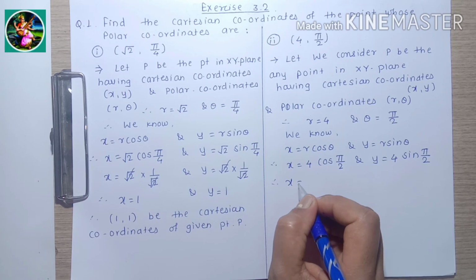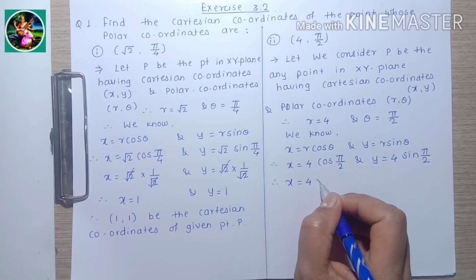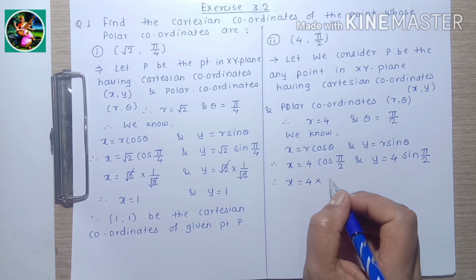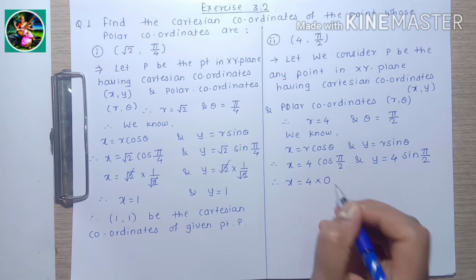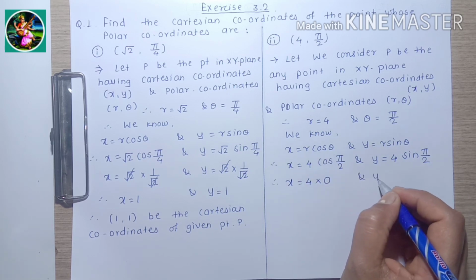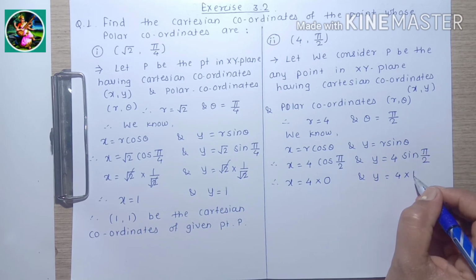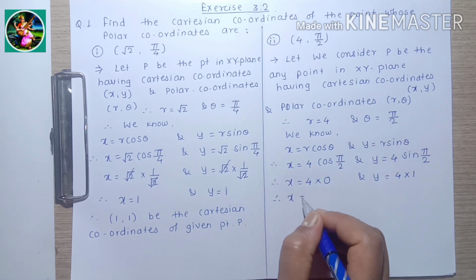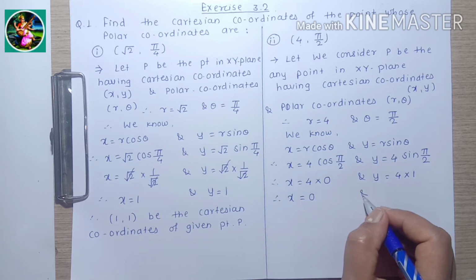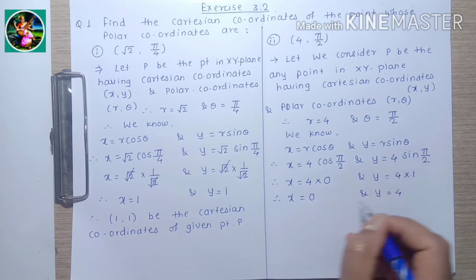Therefore, x is equal to 4 into cos of pi/2, that cos of pi/2 is 0, and y is equal to 4 into sin of pi/2, that is 1. Therefore, here we get x is equal to 0 and y is equal to 4.